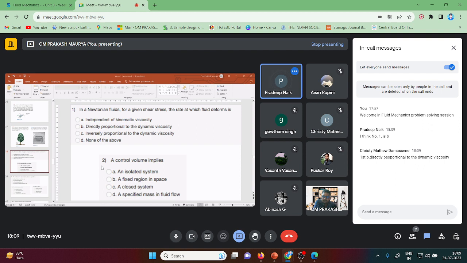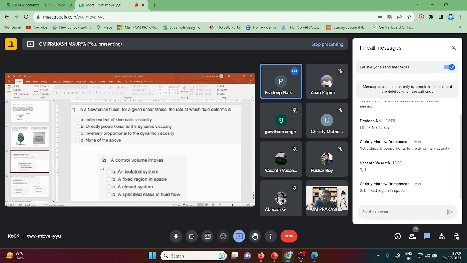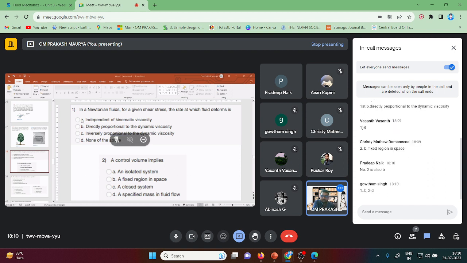For the second one, a fixed region in space. I think it's fine. For the first question, the answer is directly proportional to the dynamic viscosity, and for the second one, the control volume is implied like a fixed region in space.